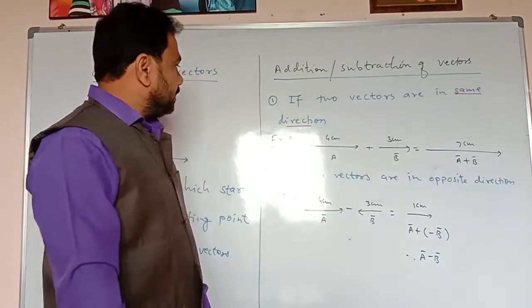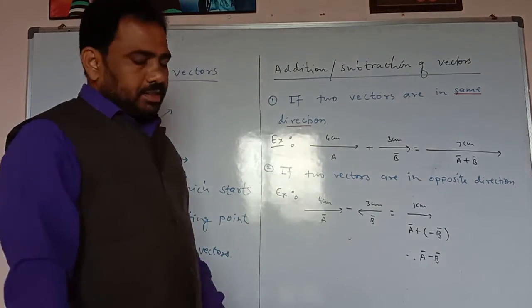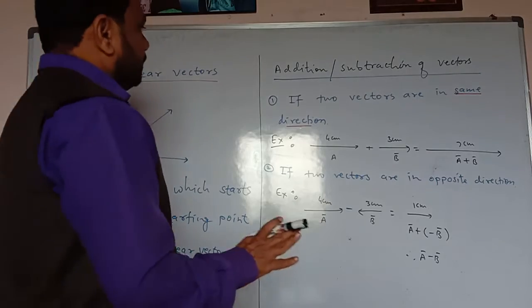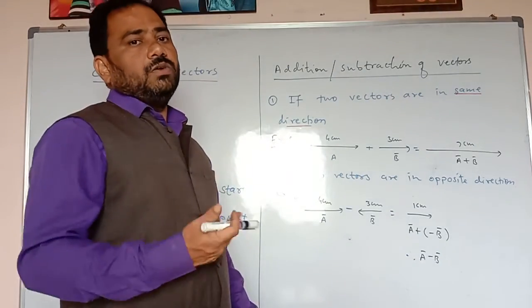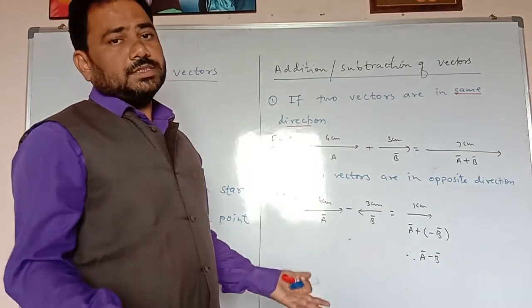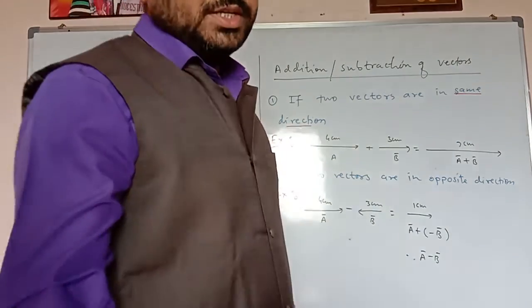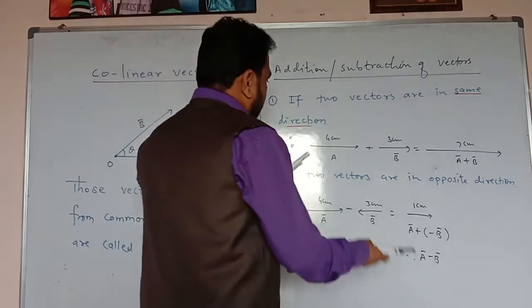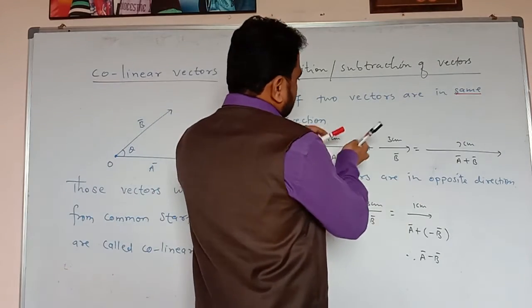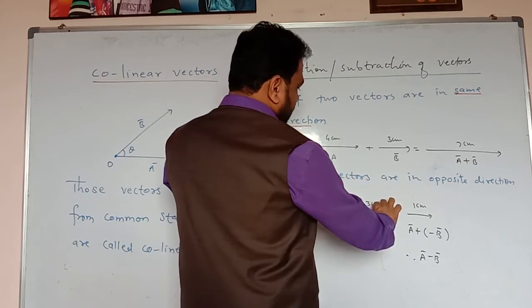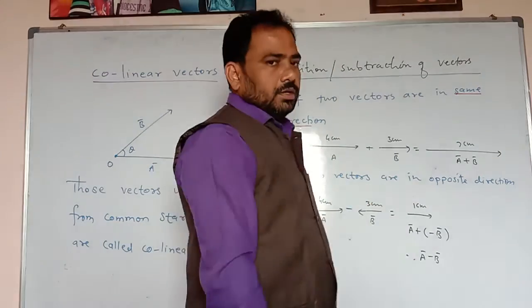is 1 centimeter. Now if two vectors are neither in the same direction nor in the opposite direction, how can we add such type of vectors? In the first condition we have seen two vectors in the same direction, then in the second case two vectors in the opposite direction.